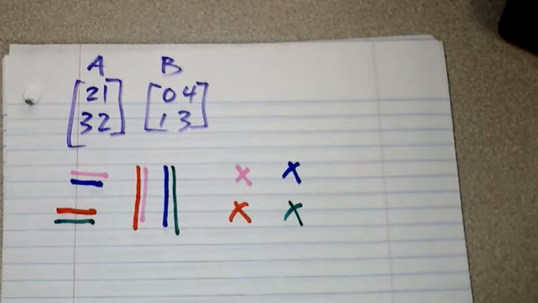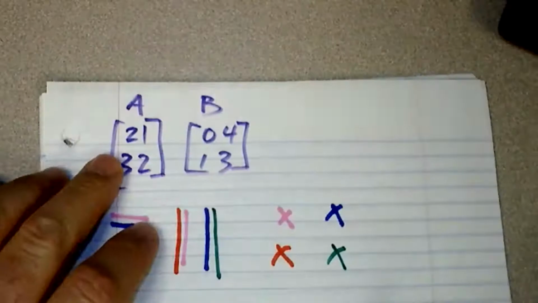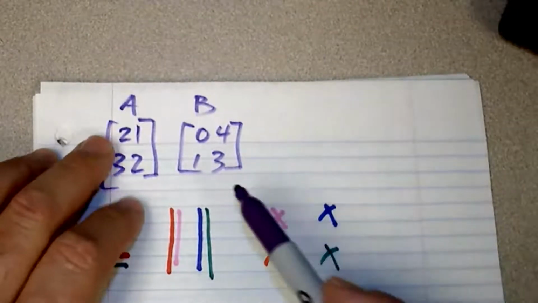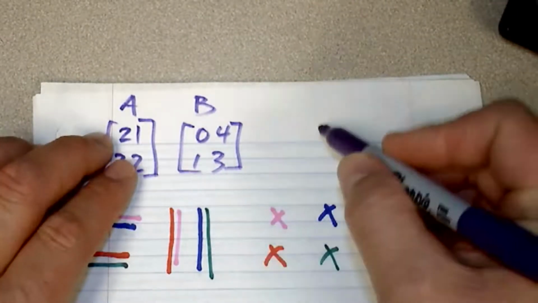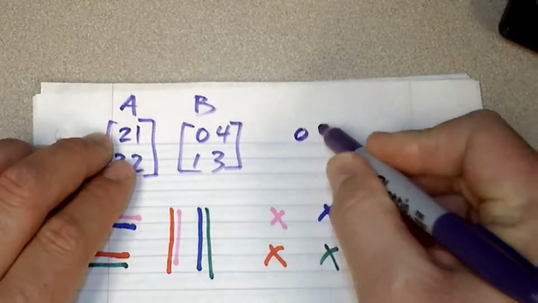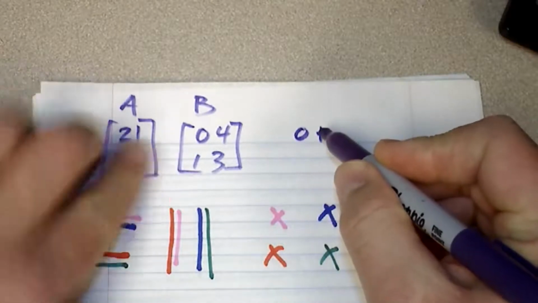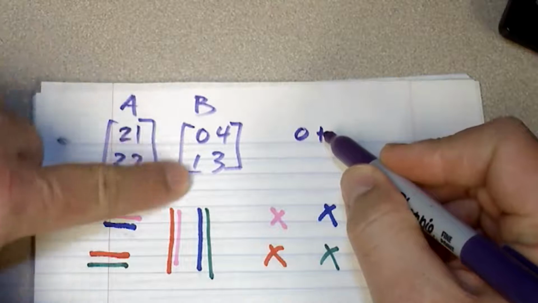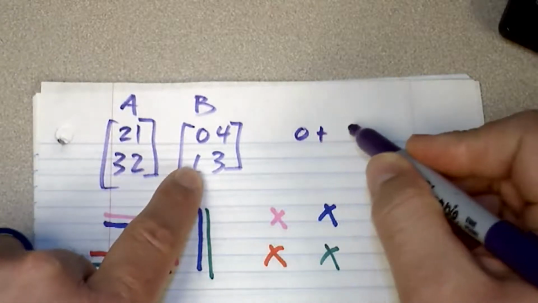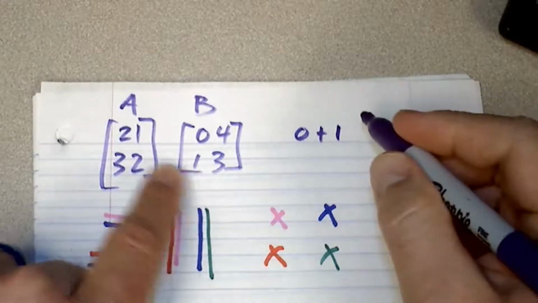And so let's give this a shot right quick. So let's just work through this. So 2 times 0 is going to be 0, plus 1 times, so this row times this column, 1 times 1 is going to be 1.